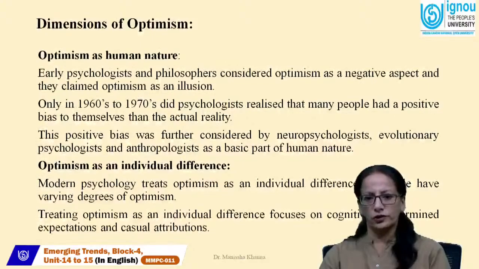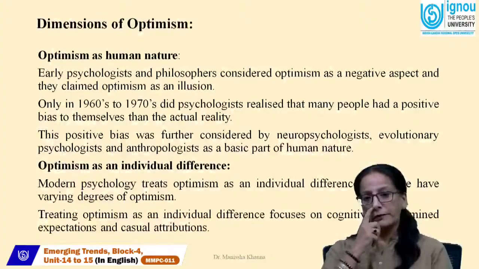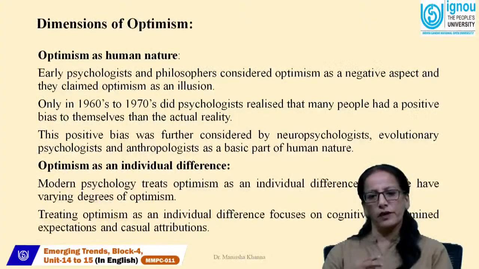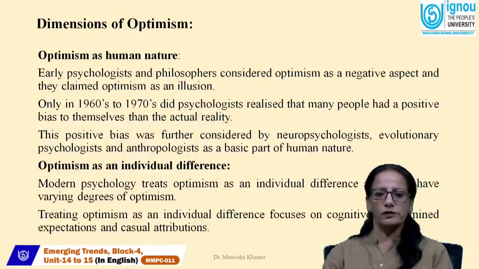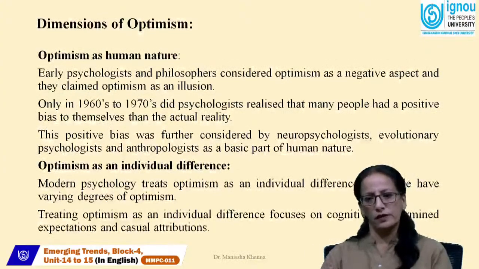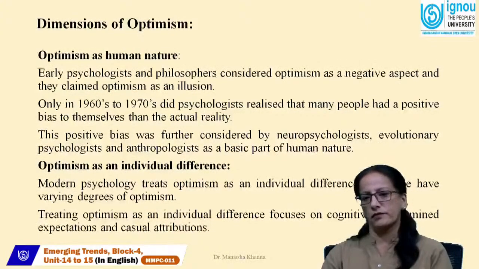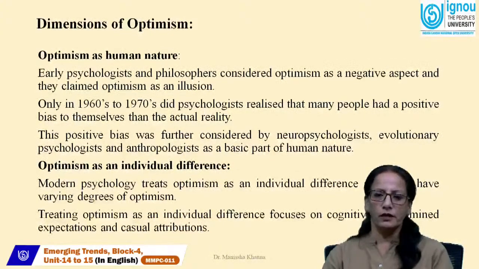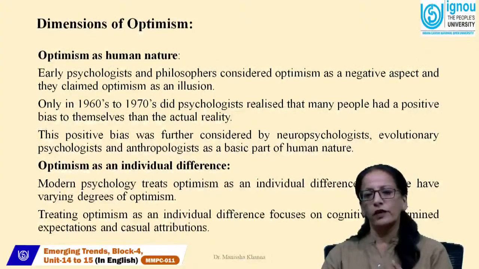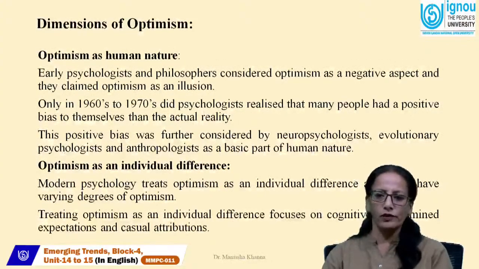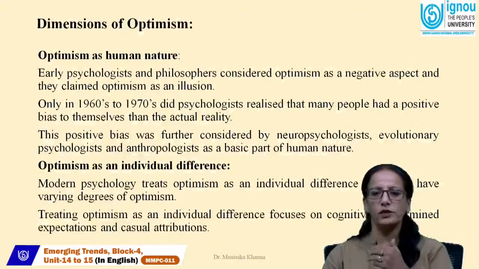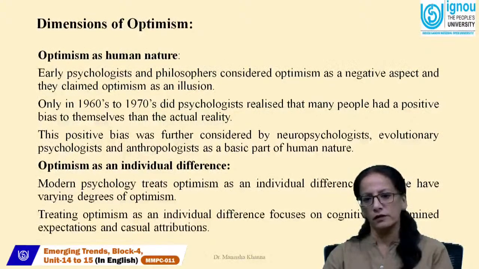So, optimism as an individual difference. Modern psychology treats optimism as an individual difference, as people have varying degrees of optimism. Everybody has a different degree of optimism. Some people have low, some people are very high. A highly optimistic person, whenever failure happens in their life, is always optimistic that something best is coming in the near future.